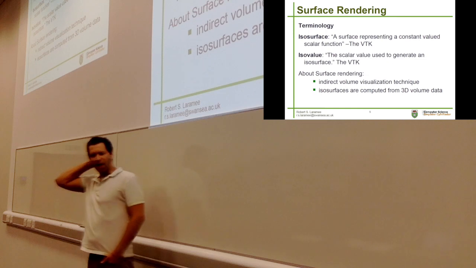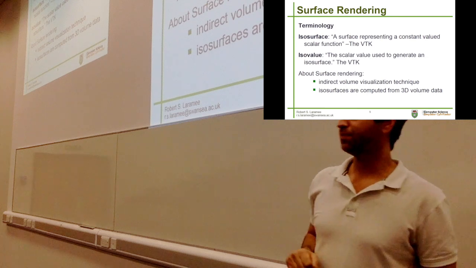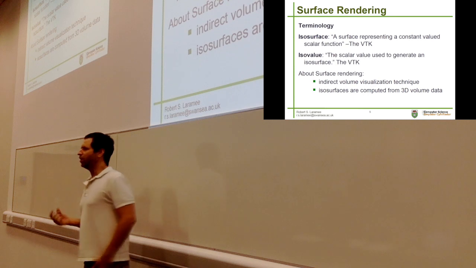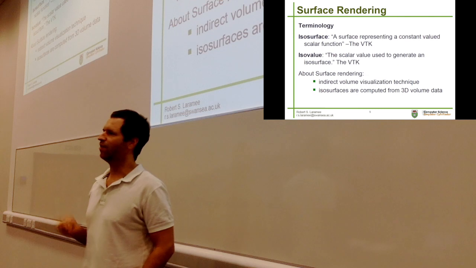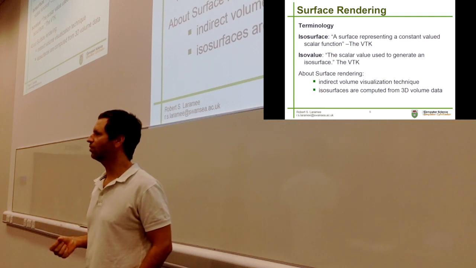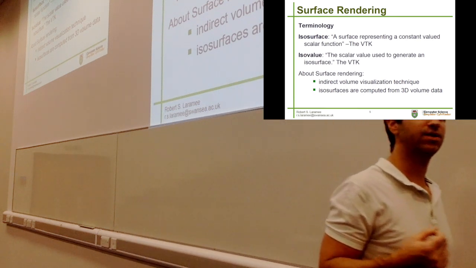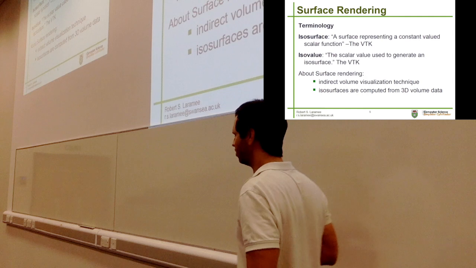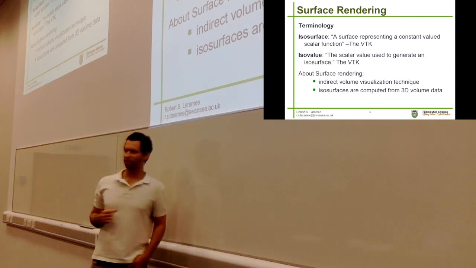So if you can imagine a CT scan or an MRI scan, every data sample that corresponds to, for example, skin will have the same scalar value. So the skin will correspond to a constant scalar value. We can represent these constant scalar valued subsets of the data with a surface.